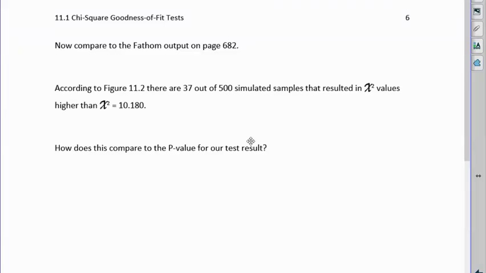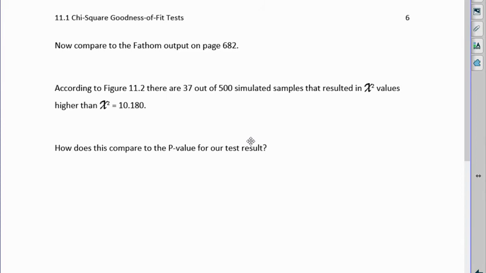And how does this compare to a simulation? So remember, simulation is when you do some kind of a model where the null hypothesis is the way the model was set up, and then you go out and take samples and see how many samples are doing what you have observed or more extreme.